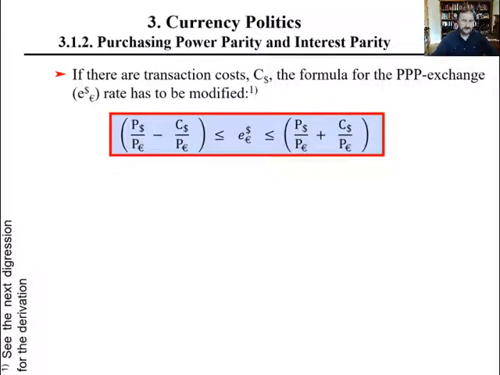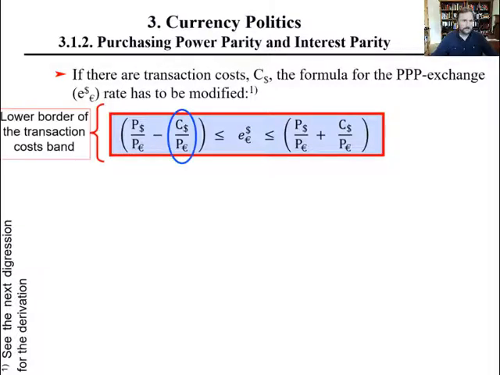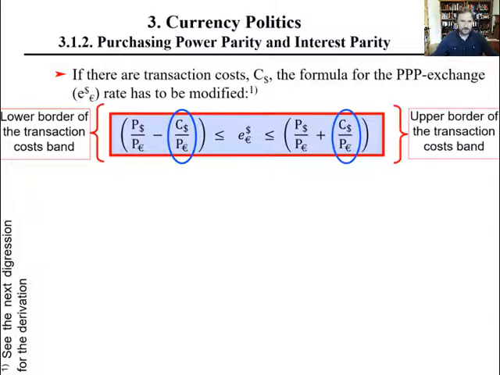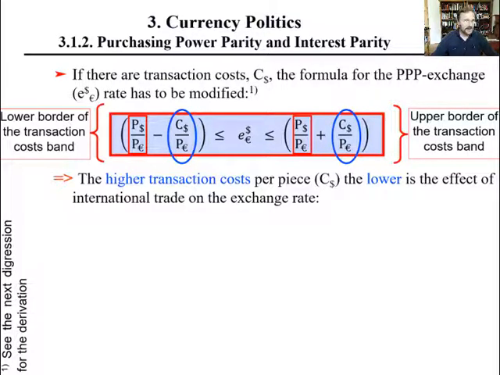In this case, the actual exchange rate is free to move, unaffected by international trade, between a lower and an upper border around the purchasing power parity exchange rate, which is given by these ratios. This means the higher the transaction costs, measured here by capital letter C in dollar, the lower the effect of international trade on the exchange rate.